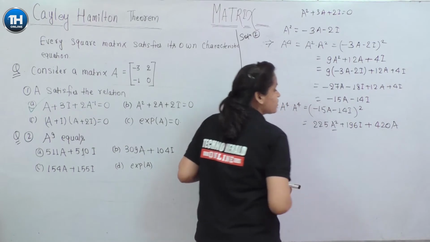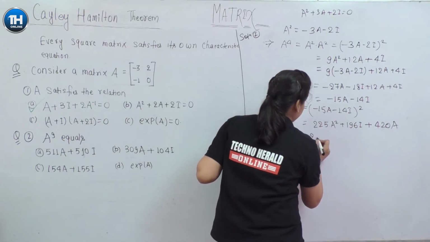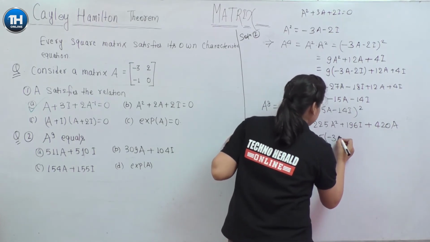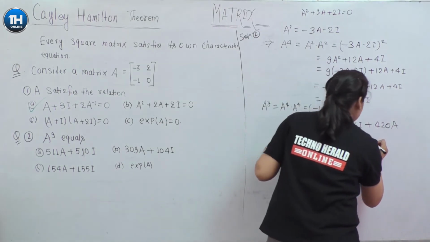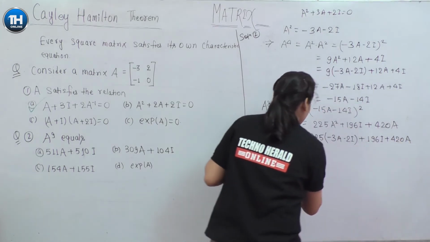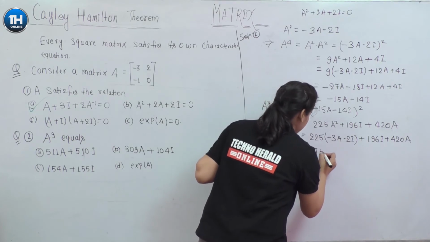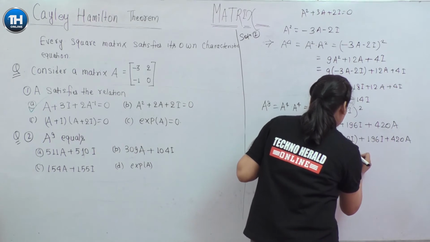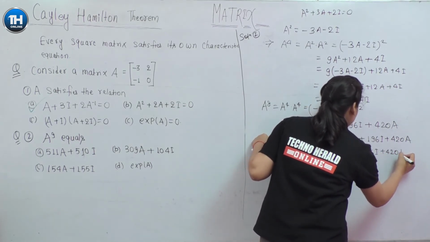Again put the value of A square here, substitute A square from the first equation. 225 into the value of A square, what will it be? Minus 3A minus 2I, plus 196I plus 420A. This will give you minus 675A minus 450I plus 196I plus 420A.